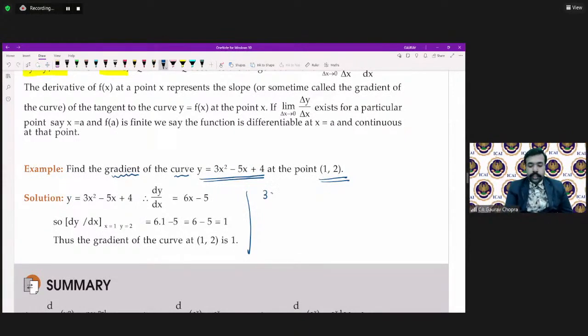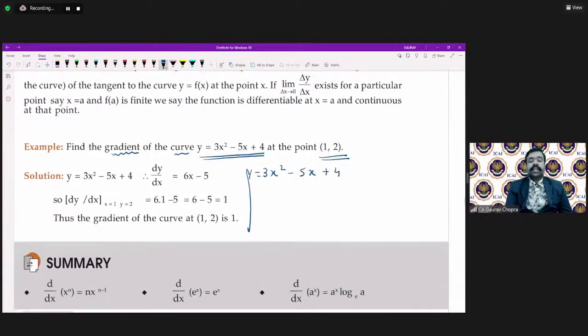So 3x square minus 5x plus 4 is equal to y. We have to find the gradient, that is the slope, at the point 1 comma 2. For this, we have to find dy by dx. So it comes as 6x minus 5.